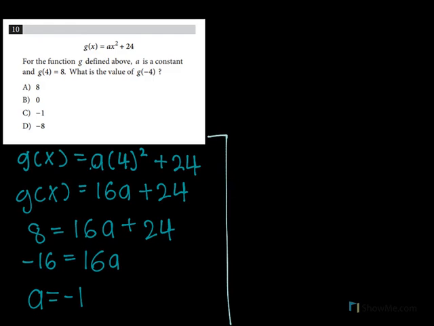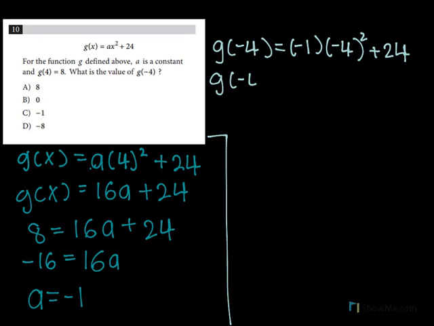So now we can substitute our a value in for negative 4. So let's write it out. So g of negative 4 equals our a value, which is negative 1, times negative 4 plus 24, oh my bad, negative 4 squared.